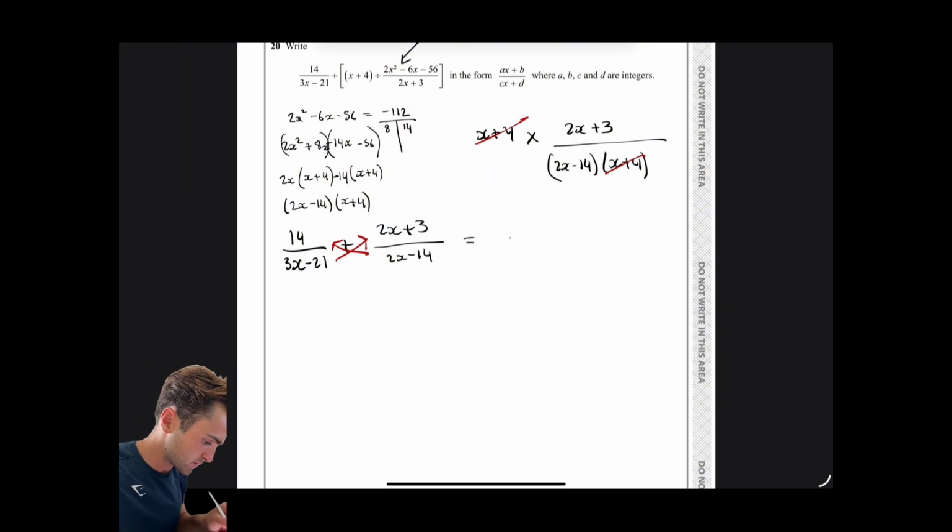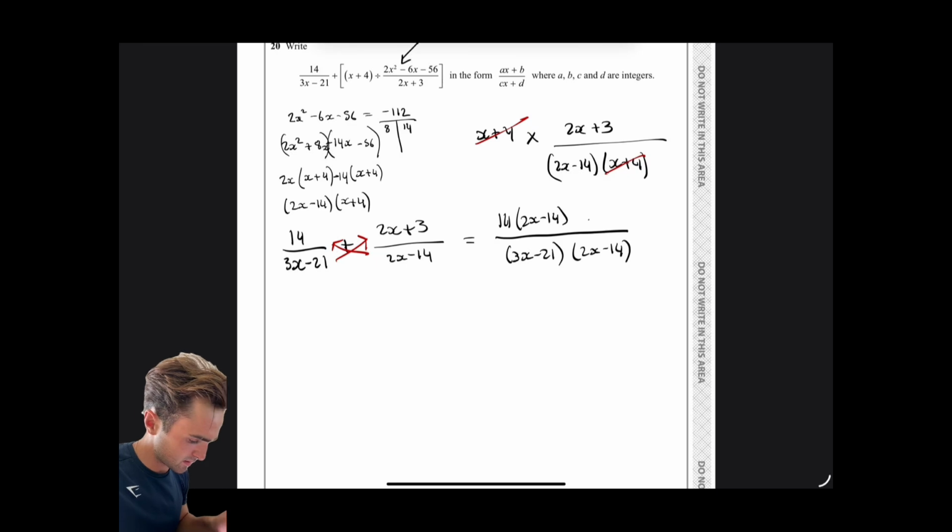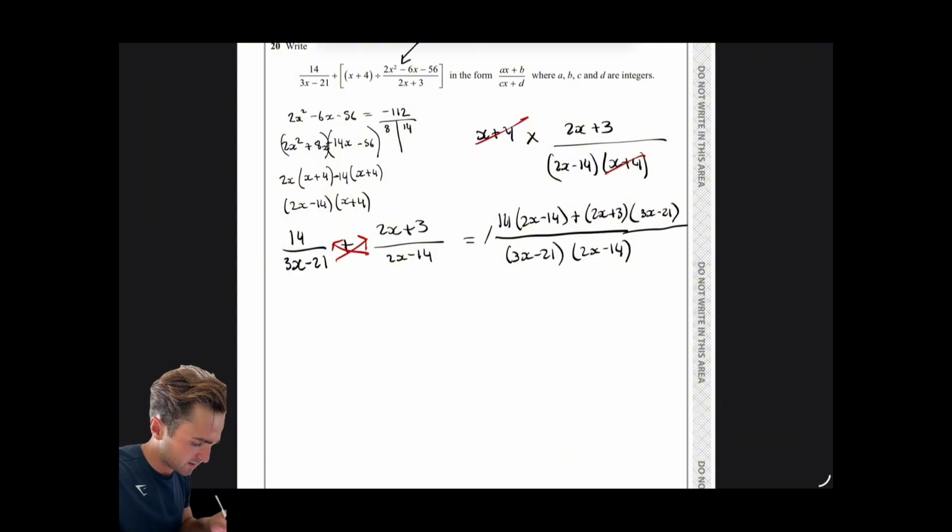So this equals, with a big fraction on the bottom, we have this. So these multiply together. And on top, we have 14 times 2x minus 14 plus 2x plus 3 times 3x minus 21. Okay, so we're going to look at the top.